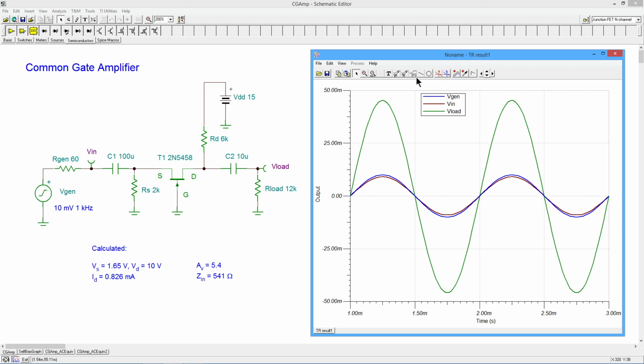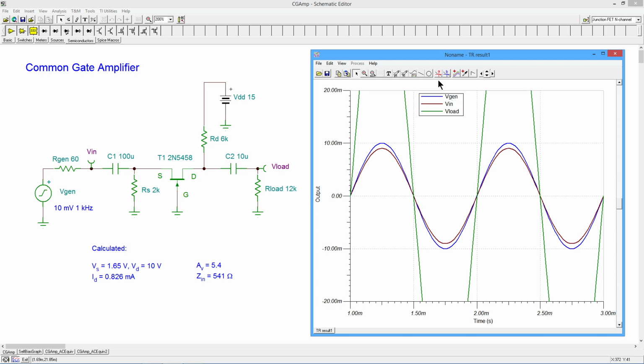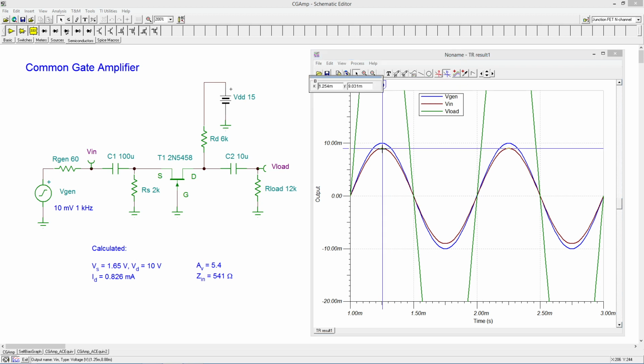So first I want to zoom in and verify that we're getting about what we should be getting. All right, so let's grab a cursor. So there's our 10 millivolt peak. It's 9.999, whatever. And now let's go over and look at V in, the input to the amplifier proper.